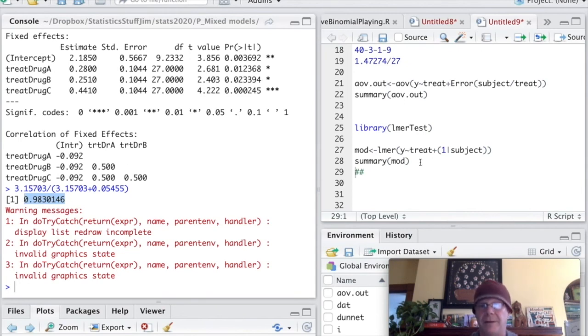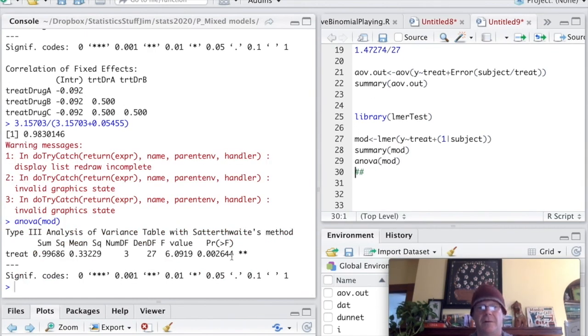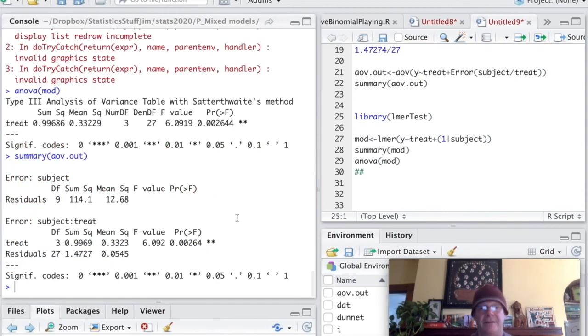And so let's go ahead and we can run the ANOVA on that. And then here we have it. Look at that. We get the exact same answer as we got when we did it as an AOV. And we would get the exact same answer if we went through Jim's long convoluted way of centering all the data and then calculating the F statistic by hand, which again is something you shouldn't do.